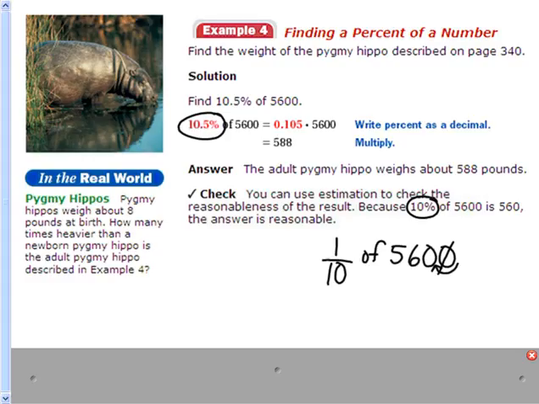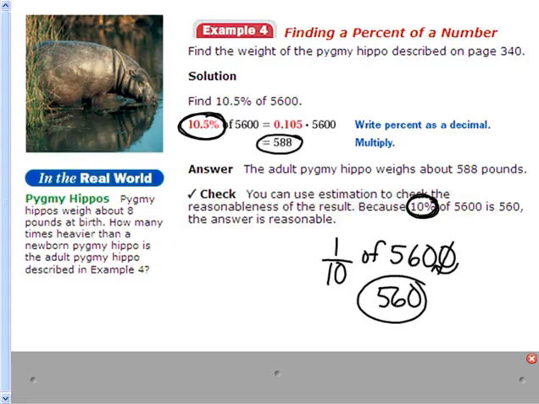So you can tell that 10% of 5,600 is 560. And 560 is fairly close to the answer of 588. It's smaller because 10% is smaller than what we're actually looking for. We're looking for 10.5%. But it just makes our answer look reasonable.